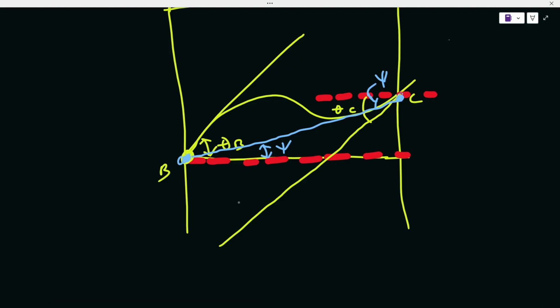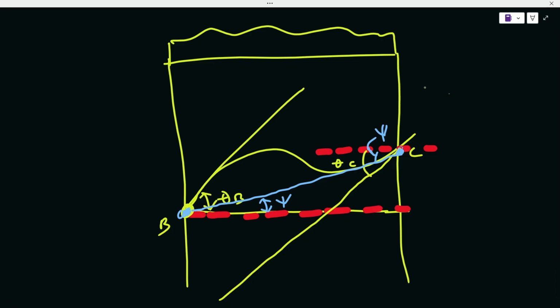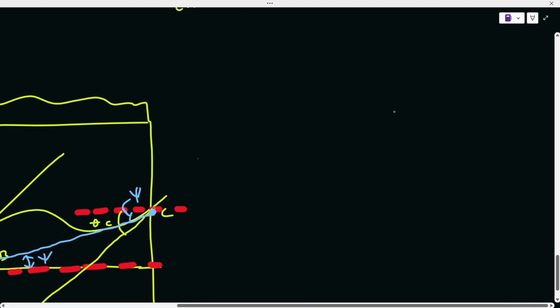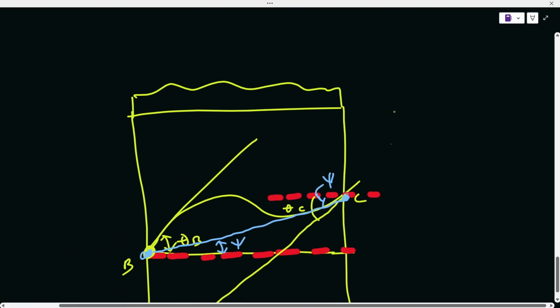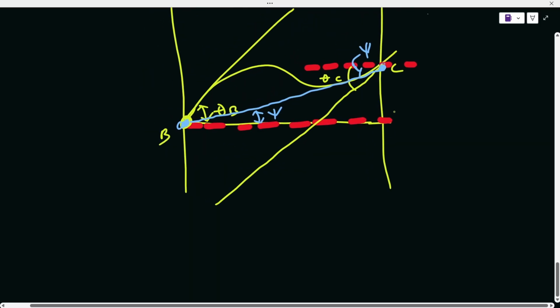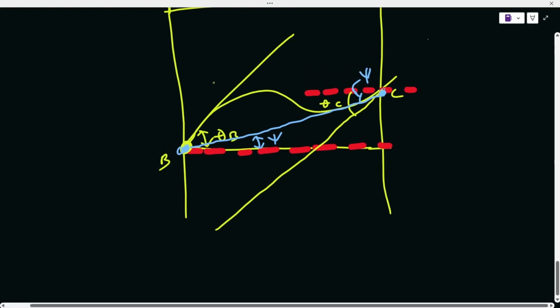Now, let's go back to Mohr's theorem. Let me zoom this a little. A minute, guys. Okay. Mohr's theorem.